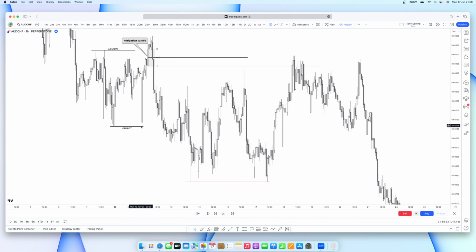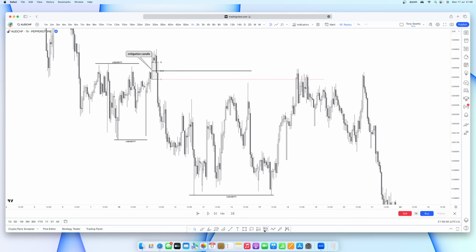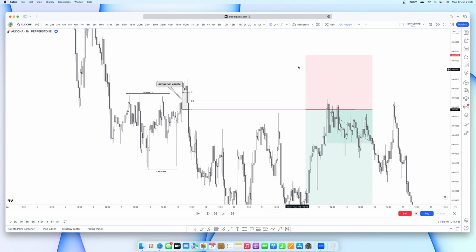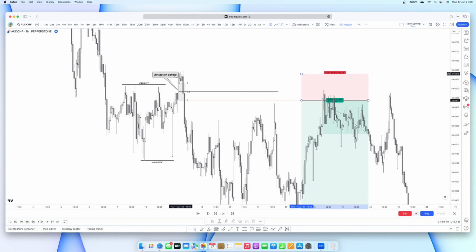And then price created this liquidity. Price even created this bigger one here. And you see this liquidity below. And then price rallied all the way to the upside. If you wanted to play the open, you could play the open here. Stop loss, remember, should go at the high of the candle, which is in this area, or can just go at the top of the range.